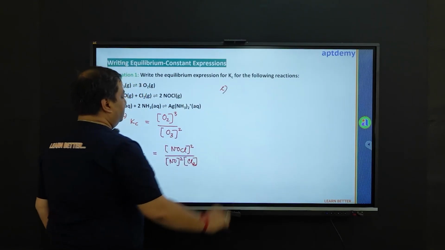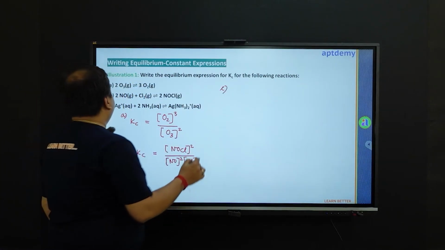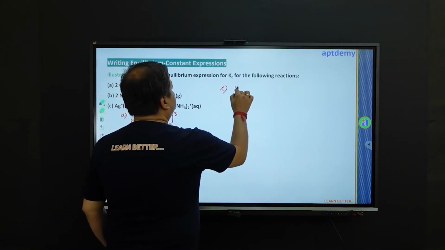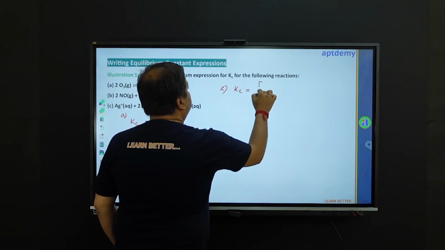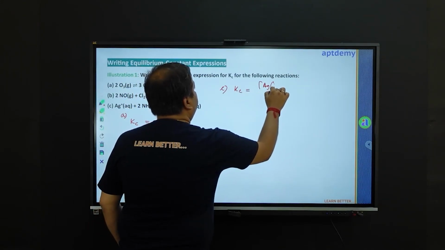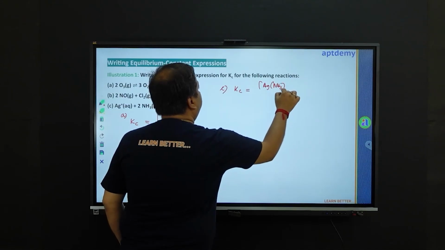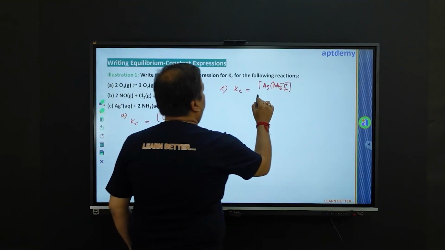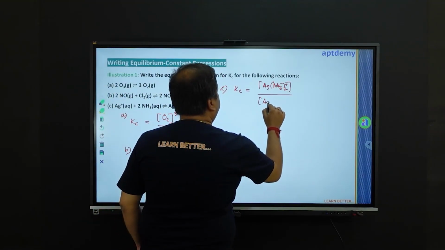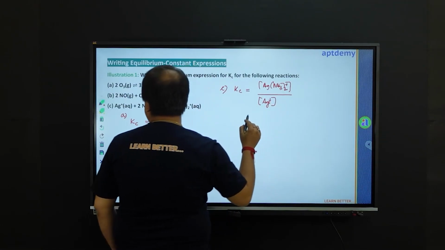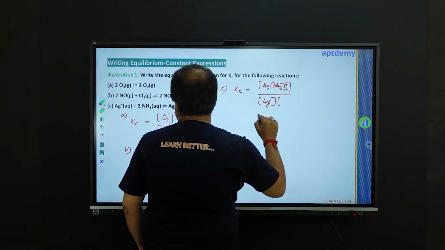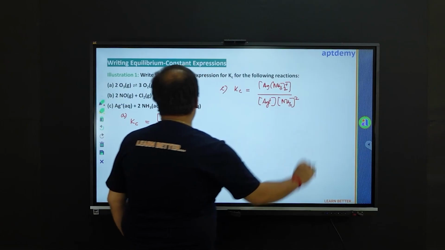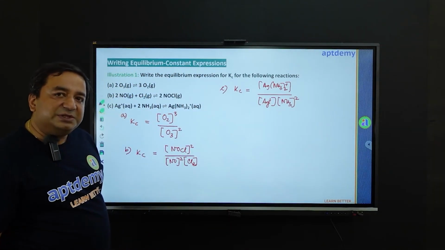So that was the solution. Have a look at it. Now for the next one, we will write Kc equals the concentration of the complex Ag(NH3)2 plus, divided by the Ag plus ion concentration times the concentration of NH3 raised to the power 2. So this is how we will be solving these problems.